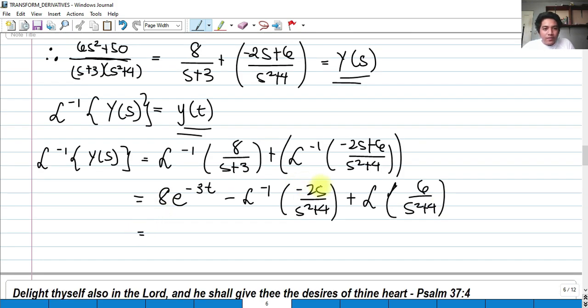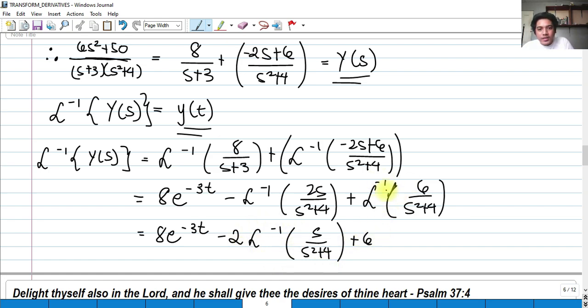So we can factor out the constants outside. My mistake, this should not have any negative because this is the negative already. So we have negative 2 times the inverse Laplace of s over s squared plus 4, plus 6 times the inverse Laplace of 1 over s squared plus 4.